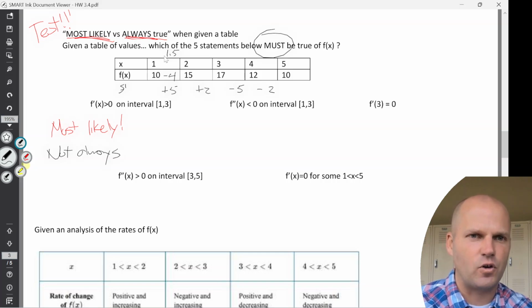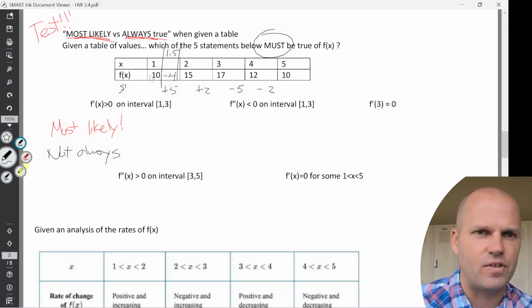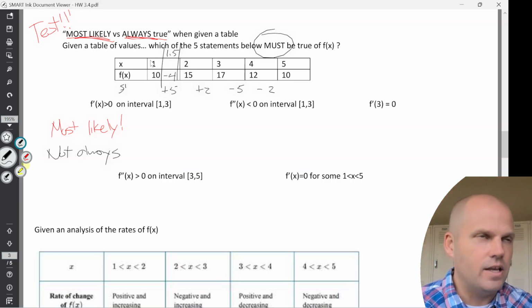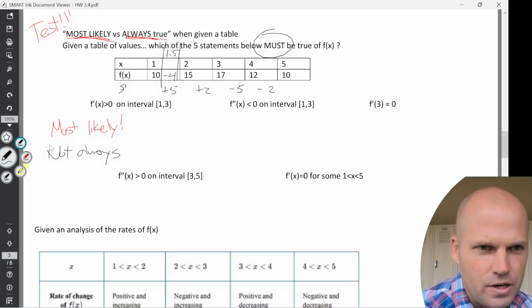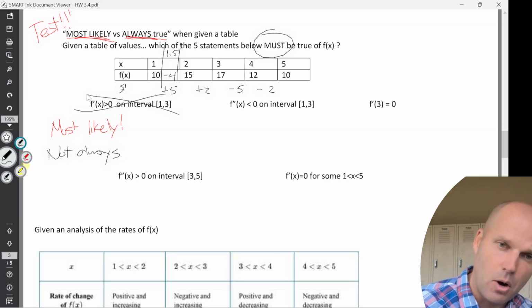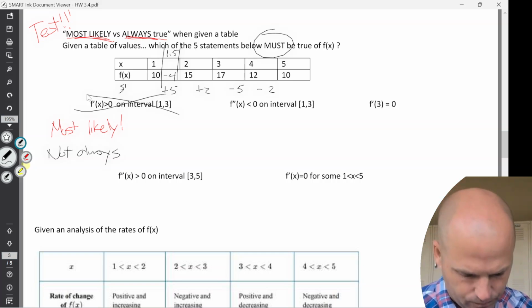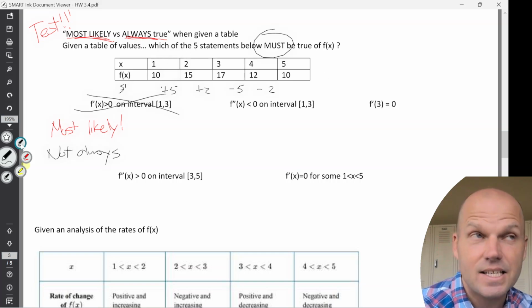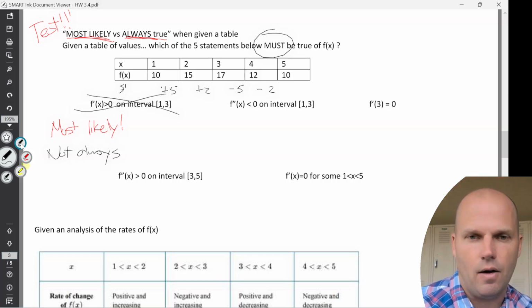And all of a sudden I'm going from 1 to 1.5 with a change of negative 4, which means my derivative is negative in that interval. So not always true, we would say this is not true. It's most likely true, it's not always true. Just because you have a set of points makes always trues tough.